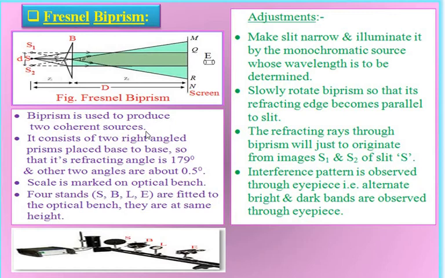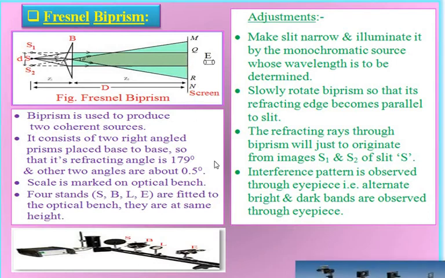The refracted rays through the biprism will appear to originate from the two sources S1 and S2 of the slit S. The interference pattern is observed on the screen, which consists of alternate bright and dark bands.